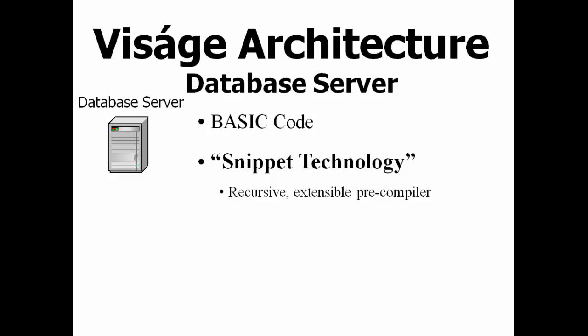What snippet technology allows you to do is build those up as a skeleton, and it effectively becomes your own macro language. So you can put your own one line of code in that will go and generate 5, 10, 50, 100 lines of code out the back end.